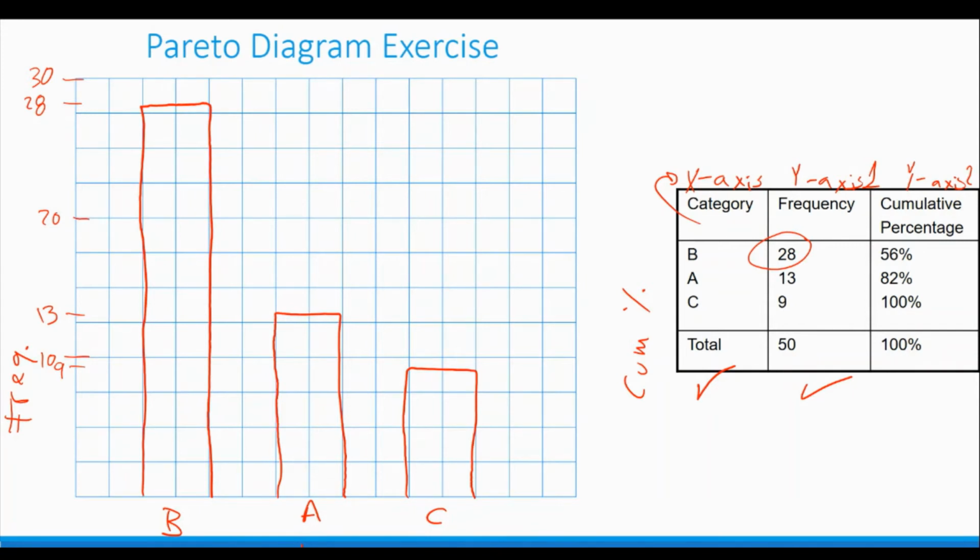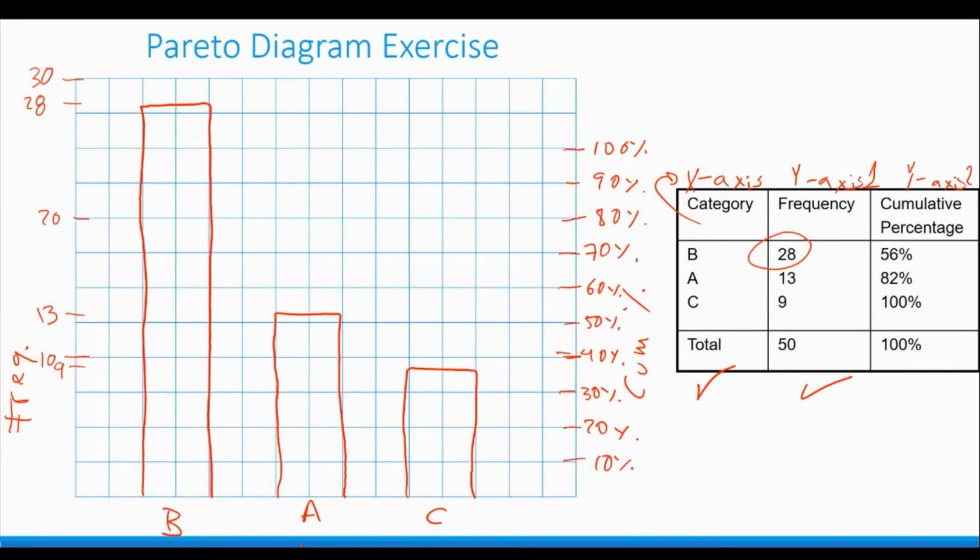For my cumulative percentage, that's separate from the other y-axis, and I'm going to call every square 10%. 10, this is percentage on this side. 20, okay, this is 30, 40, 50, 60, 70, and it goes all the way to 100%, because the Pareto chart goes all the way to 100%. So both y-axes are independent from one another.